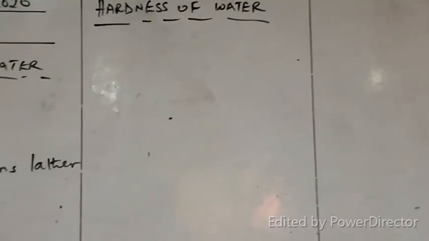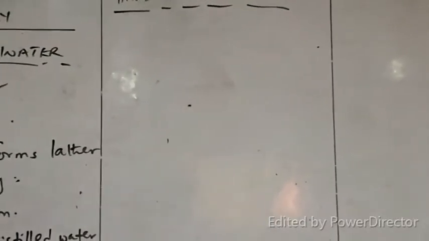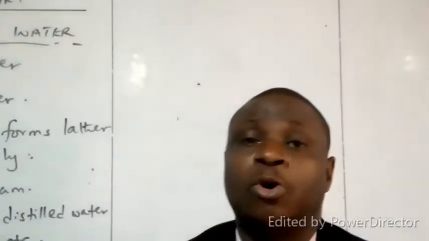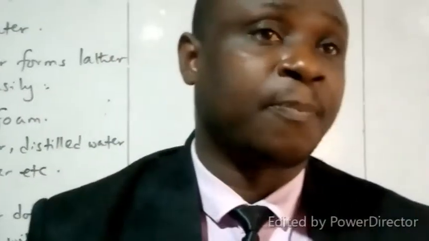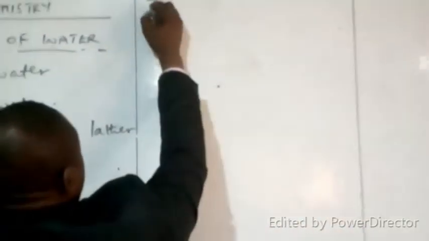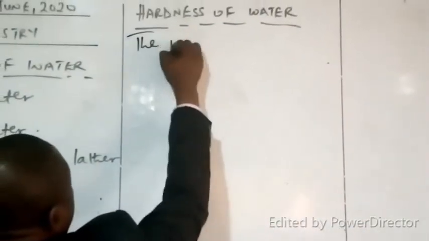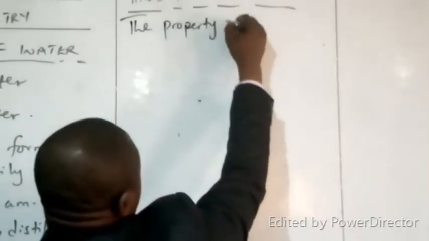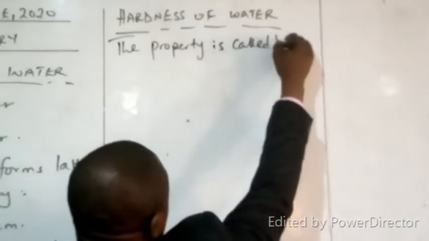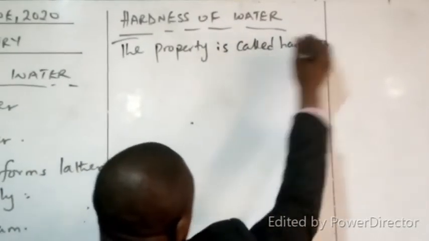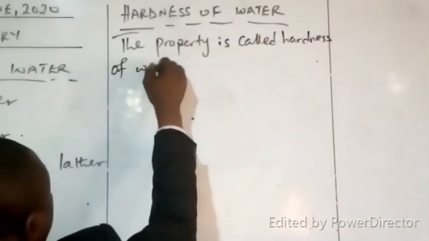Now, I did mention earlier that water that does not form lather readily with soap is known as hard water. Now, this property is what is called hardness of water.